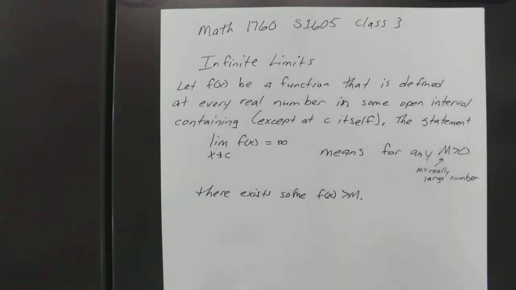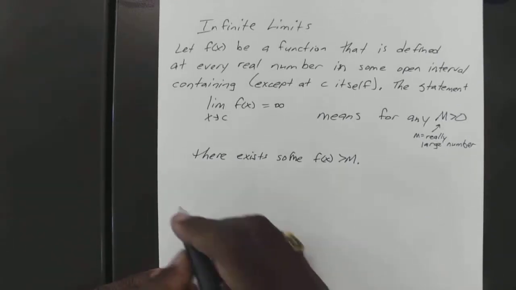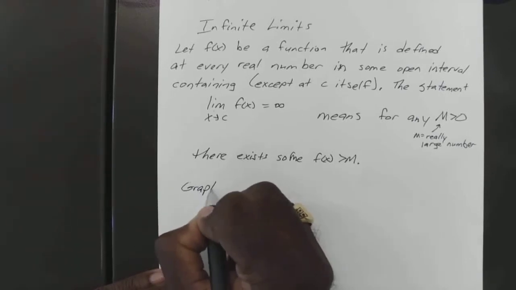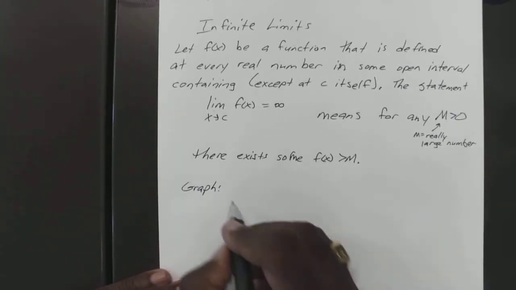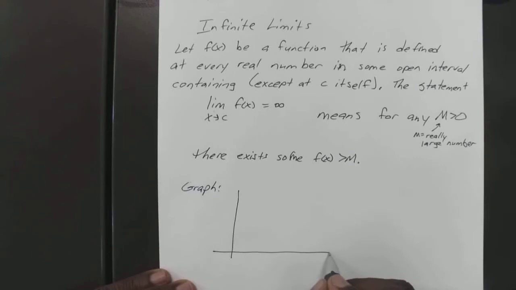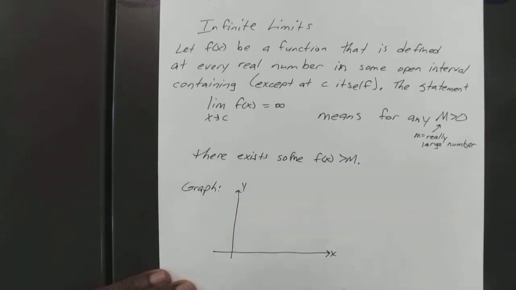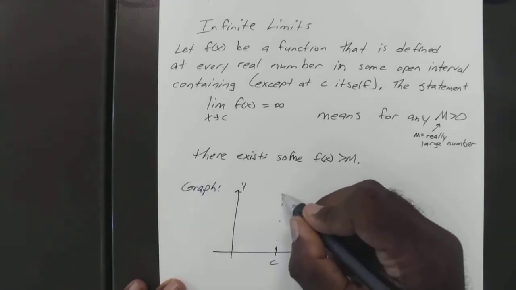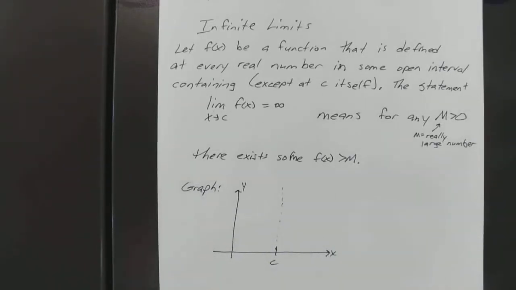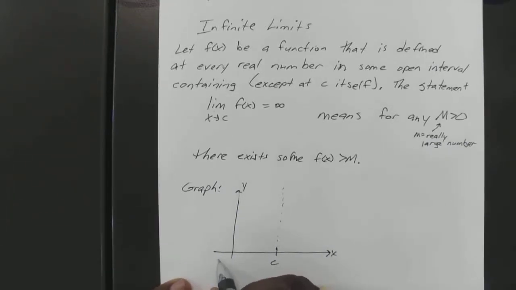Okay, so if we were to graph that, you have your x-axis and your y-axis, and let's say this is our c value. We know if we plug in c, we have denominator equals 0, which you just can't have. As you get closer and closer to c from the left, the value just gets higher and higher.